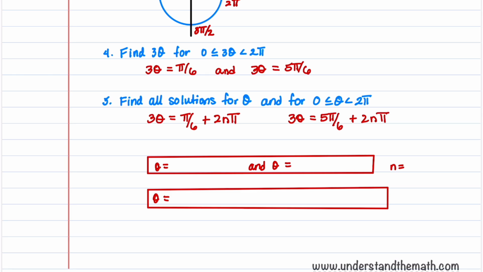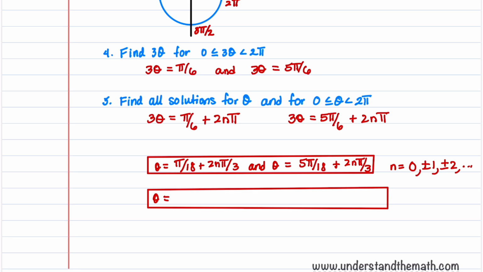We can then divide each of these equations by 3, and we'll get theta is equal to pi over 18 plus 2n pi over 3. And for our equation on the right, we'll get theta is equal to 5 pi over 18 plus 2n pi over 3. And our n is equal to 0, plus or minus 1, plus or minus 2, and so forth.